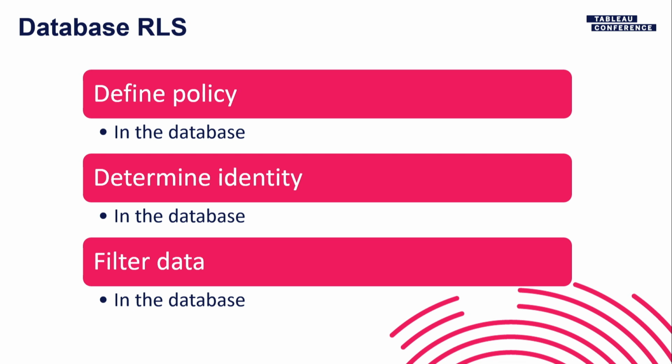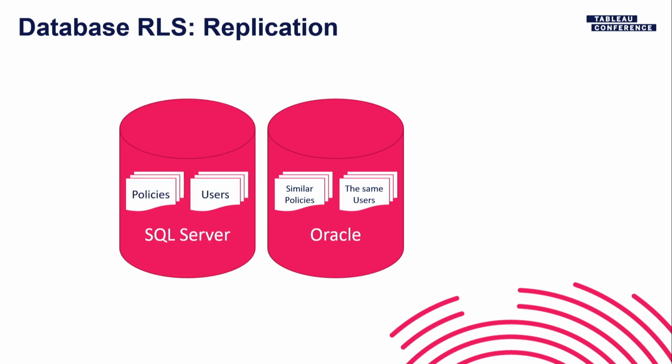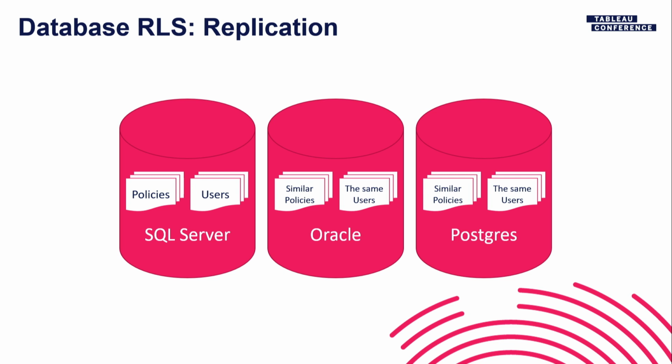Now, the downside of this could potentially be that, sure, if you're just using one database vendor, you can do it all in their system. But how many people use multiple database vendors that may not have systems that work together that cohesively? So a lot of times you'll find yourself implementing the same policies or similar policies when you have to use data from multiple databases together in the same query.